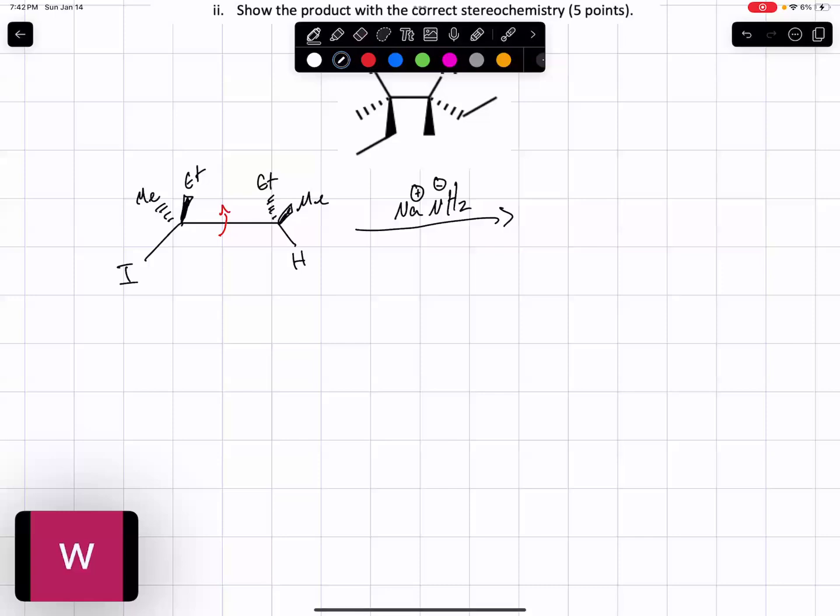This ethyl group is now going to be pointing towards you. Okay. In this methyl group, if that was your index finger, where is this methyl group pointing towards? It's going to be pointing away from you, right? This stays the same.